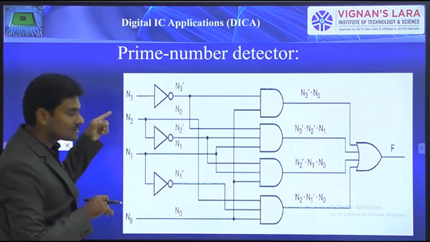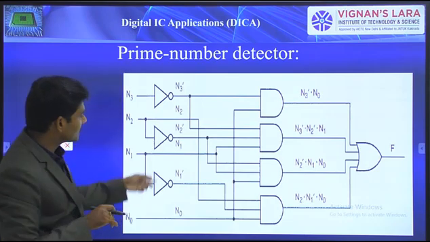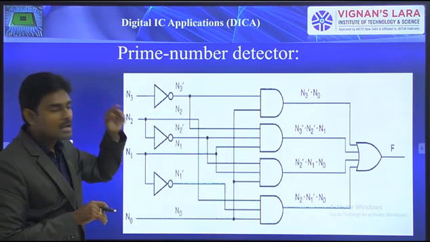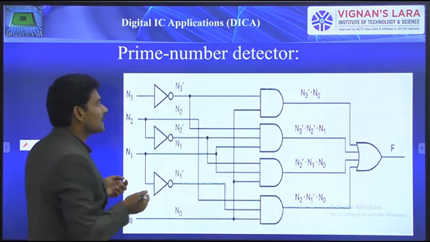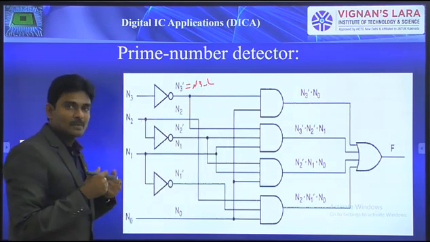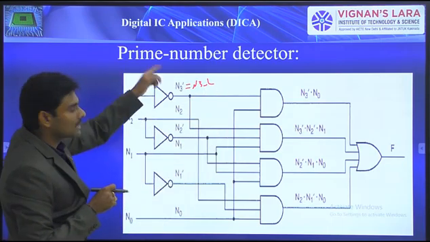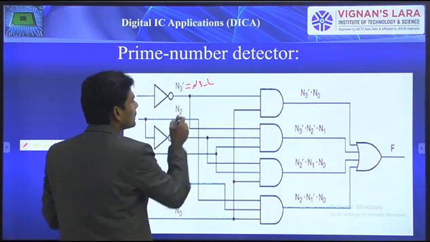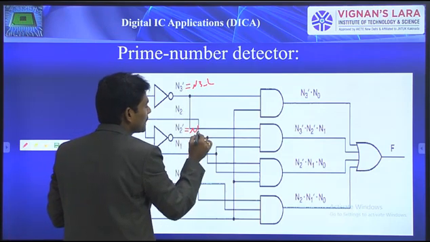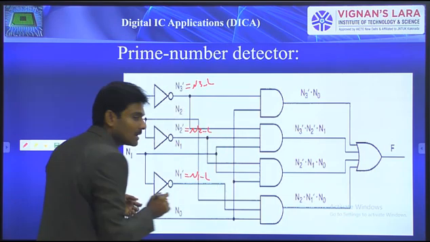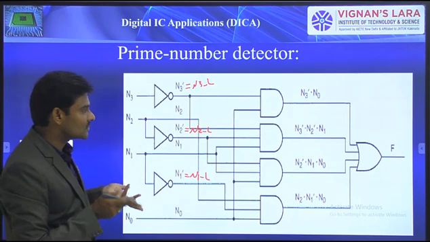Initially it consists of N0 to N3, and after the first level of inverters, N1 bar, N2 bar, N3 bar, which we indicate as N3_L in general. For readability, because you can't type a vertical bar, it seems difficult for typing. In that regard, N3 bar is N3_L, N2 bar is N2_L, and N1 bar is N1_L. These are the notations we mentioned.